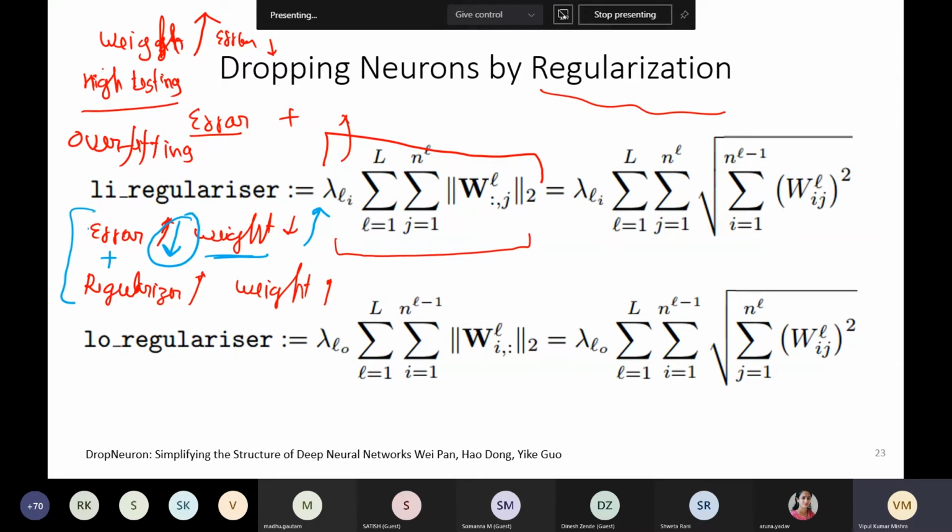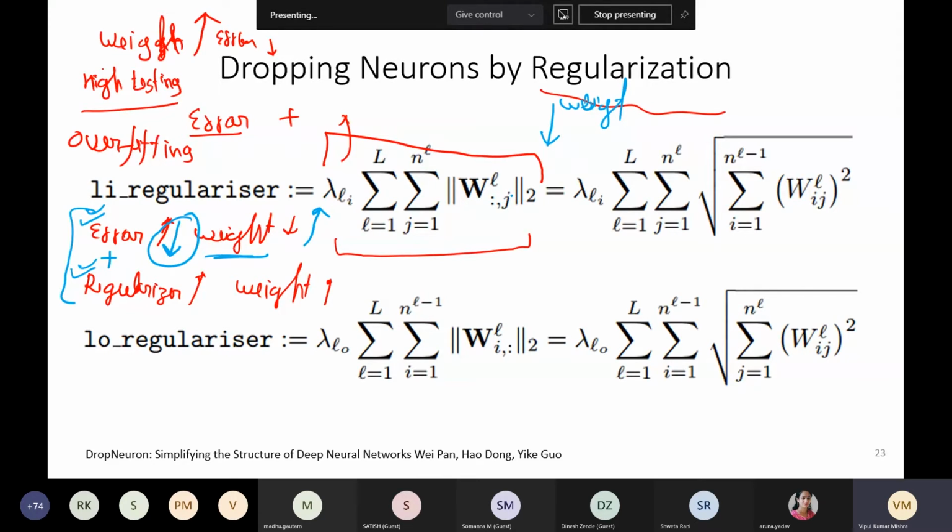So error is trying to increase the weight, but the regularizer is trying to decrease the weight. So somewhere it will settle down. Ultimately the goal is to understand what the regularizer is doing. It is trying to reduce the weight value.